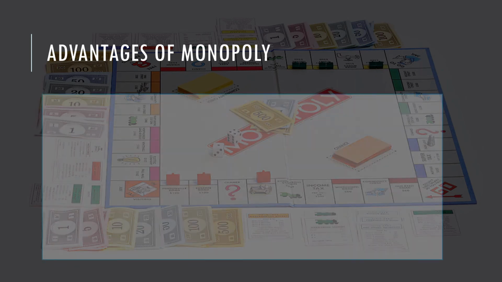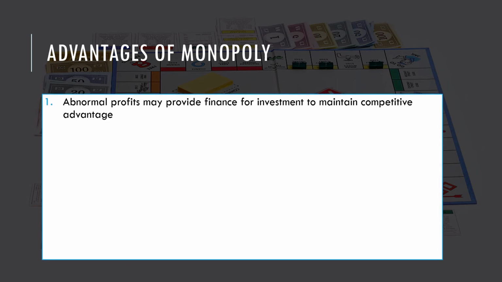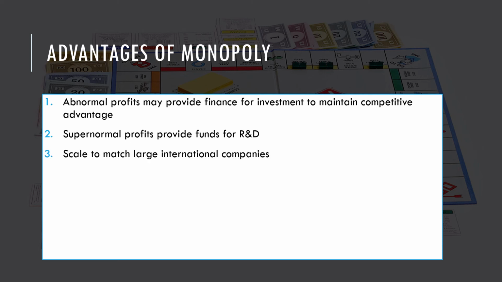Are there any advantages of a firm being a monopoly? Well, sometimes the abnormal, supernormal profits can provide finance for investment to make the business more competitive. Supernormal profits may provide funds for research and development, which may enable businesses to match and compete well with large international companies. Cross-subsidization may be a positive if by using the supernormal profits, the business can bring out new products.